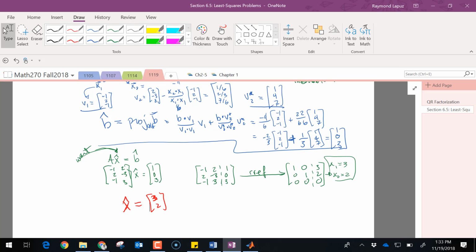Okay. So imagine we're just stuck on this plane. We're trying to reach this vector B that's not on the plane. So the closest we can get is just the shadow of that thing on the plane.